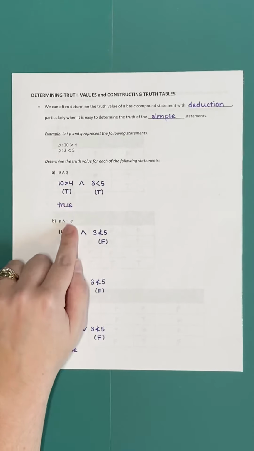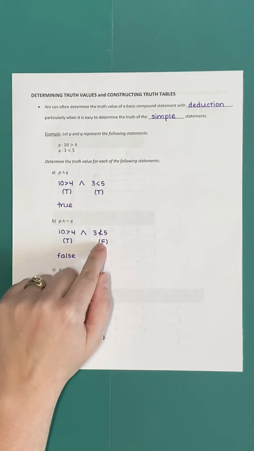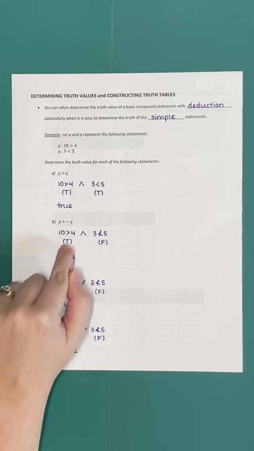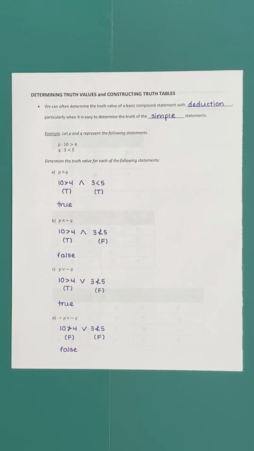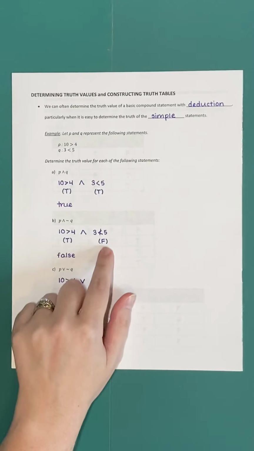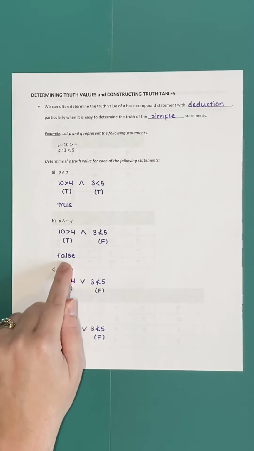So when we negate Q, we end up with something that is false. So now we're looking at true and false. Remember, the conjunction will only result in something true when both of the original statements we're combining together are true. Now we're combining one that's true with one that's false. So the outcome for conjunction is going to be false.